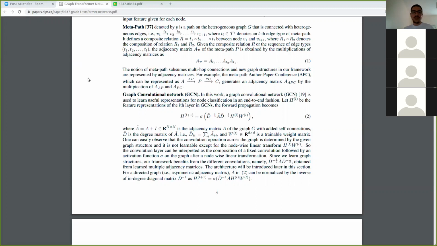What I'm thinking is that if the GTN network claims that it can learn a new graph structure, can we implement this in an inductive learning setting instead of transductive? I don't know if you have heard about transductive and inductive learning. I haven't learned of those in this context, so I can't really answer your question.